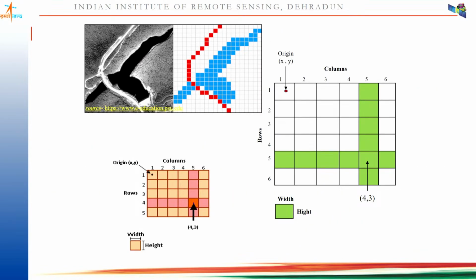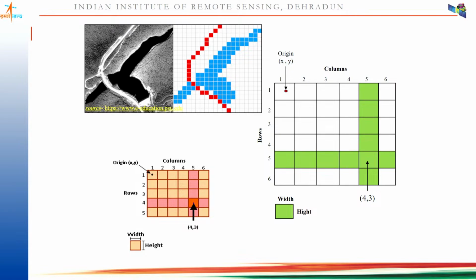This is a typical example of how data is stored in the case of raster. You can see this is a satellite image, or maybe a high resolution image here. In this image, if geographical features are highlighted or values are stored in a particular pixel, it will be shown like this. When you store this information in your computer, in a database system or file system, it will be stored in the form of rows and columns, basically a matrix.